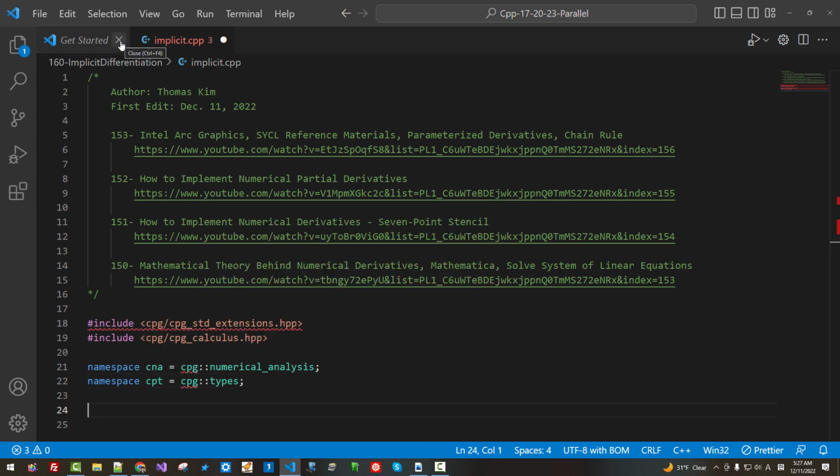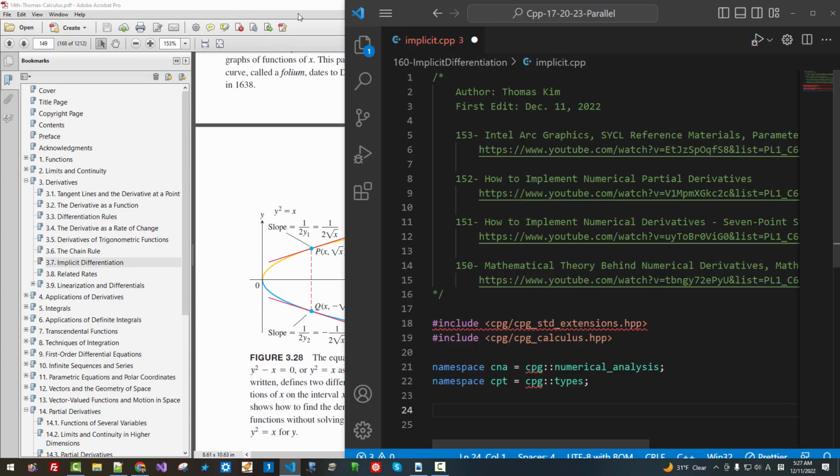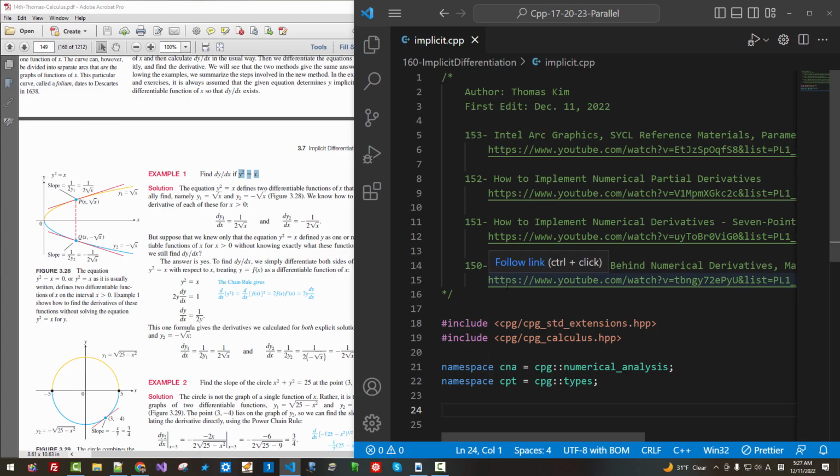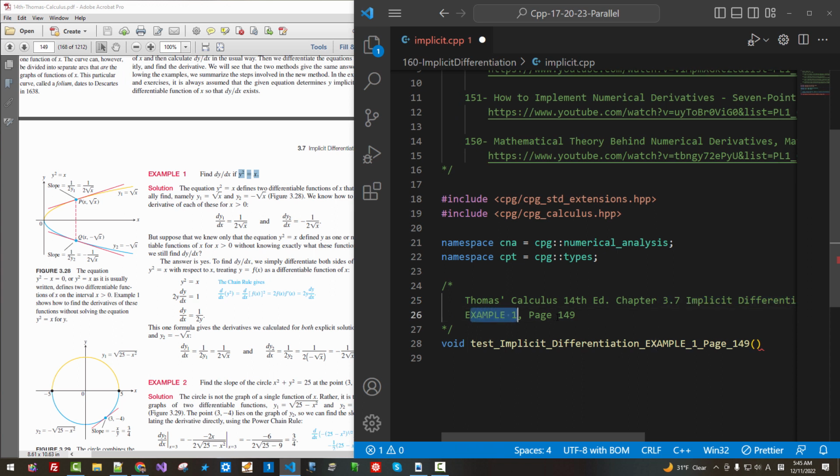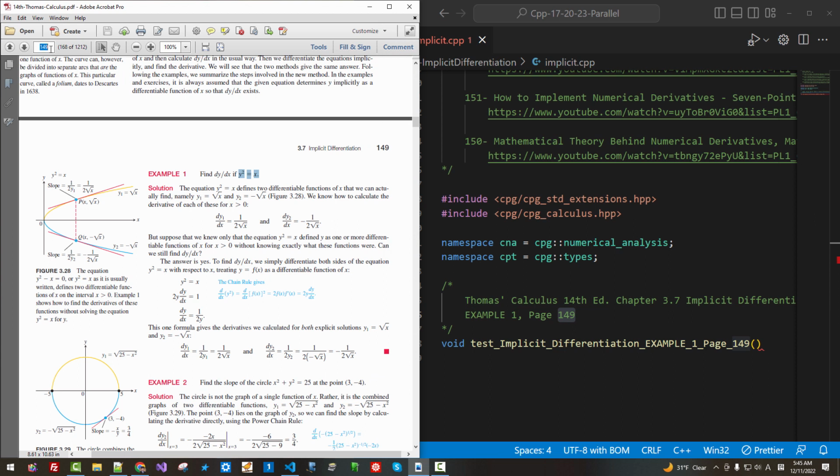I will close this file, then arrange side by side like this. This example is from Thomas's Calculus, Chapter 3.7, Implicit Differentiation. Example 1, page 149.